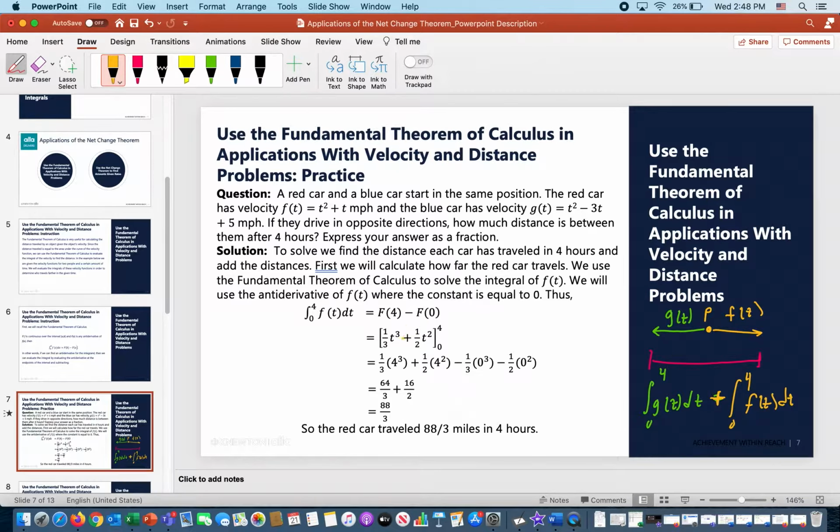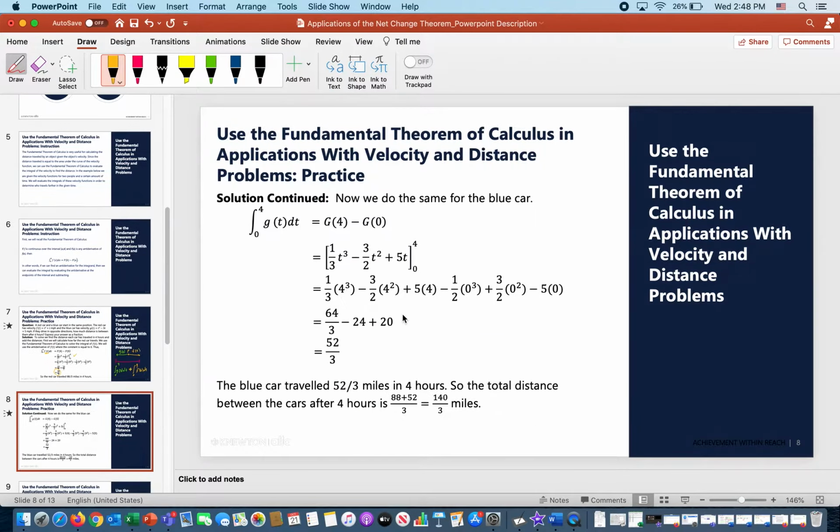Well, look right here. We can see that if I integrate from 0 to 4 of f of t, and you can follow the math here, we get 88 over 3. So this is the distance that was covered by that red car, that first car there. And then I can follow the math and do the same thing for g of t.